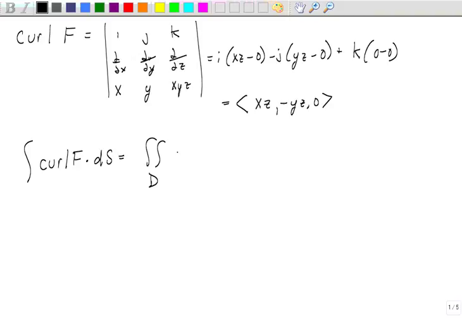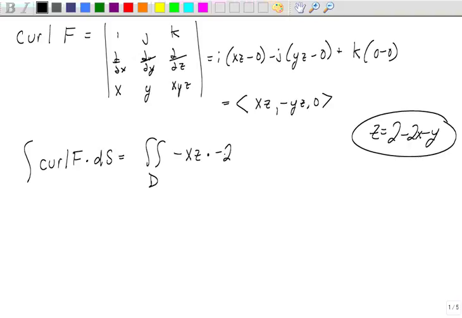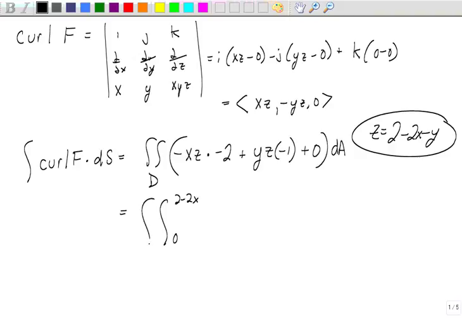So I'm going to do minus p times z is the plane. So dz dx is minus 2 plus yz, that's minus q times dz dy plus r, 0, dA. And then on the y, I'm going from 0 to 2 minus 2x. And x goes from 0 to 1.